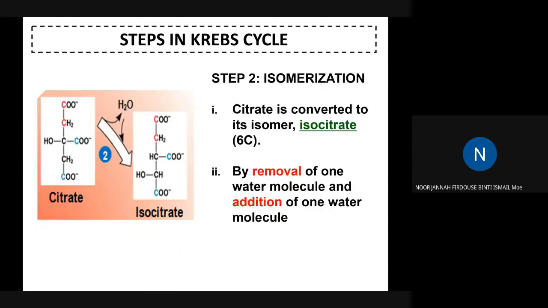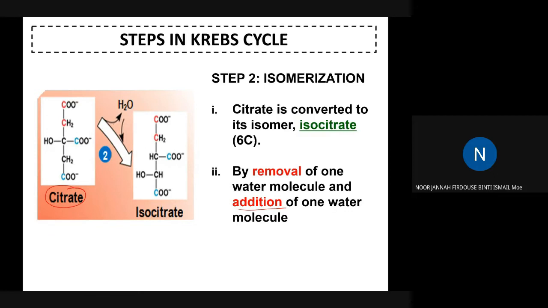Second step in Krebs cycle is isomerization. Isomerization means the citrate, the first molecule formed, will be isomerized into isocitrate. Citrate is converted to its isomer by removal of a water molecule and then addition of another water molecule.